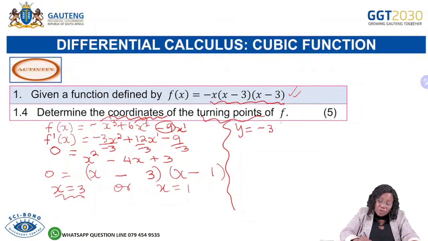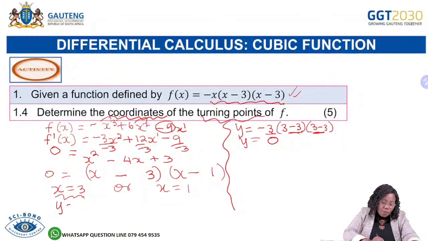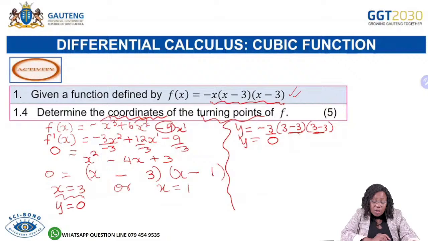We are now substituting 3 minus 3, which will be 0, and 0 multiplied by 3 will give us 0. Therefore, if x is 3, y will be equal to 0. Can you see it is bringing a turning point that is the same as the x-intercept?